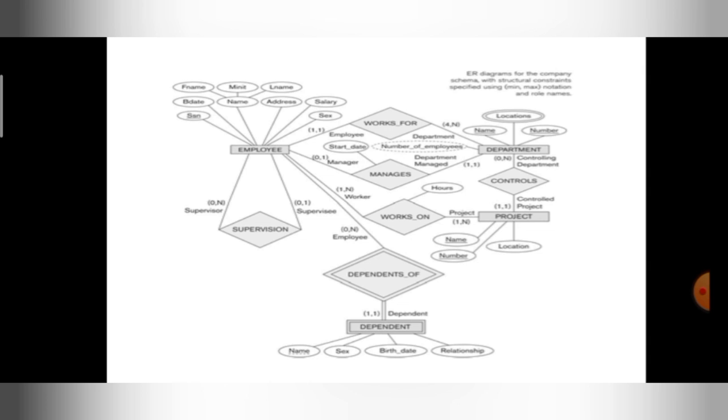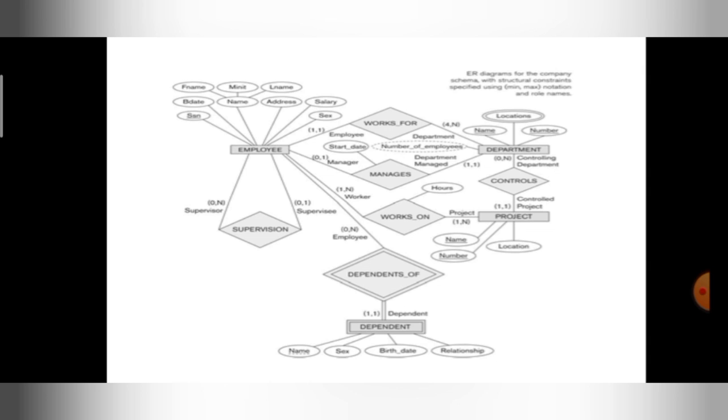Only if the employee is there can you identify your relative. If the employee is not there, how can you identify the relative or dependent? That's why there is an identifying relationship between the strong and the weak entity. Dependent is the weak entity, employee is the strong entity. You can identify the dependent if an employee is there. That's why an identifying relationship exists between a weak entity and a strong entity.